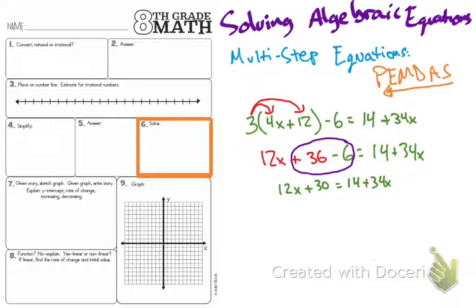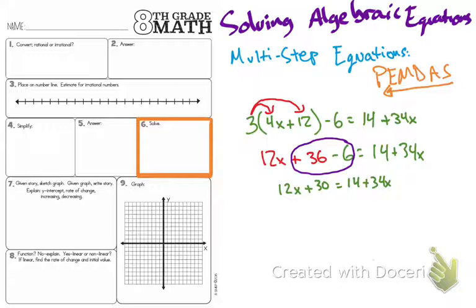Now, I'm going to notice that I ended up with x's on both sides of this equation. I want to get the x's or the variables to just one side of the equation. Now, you can technically move them to either side of the equation. It doesn't matter. The thing I always like to do is bring the variable to whichever side has the most of those variables on it already.